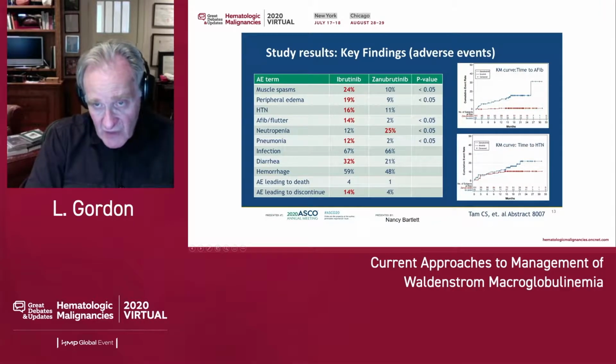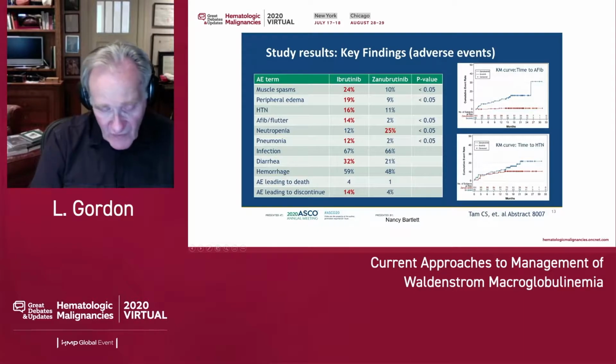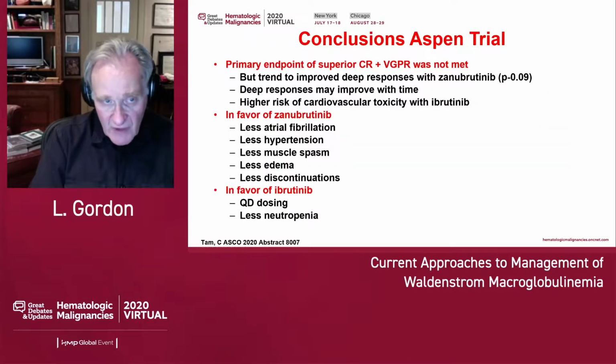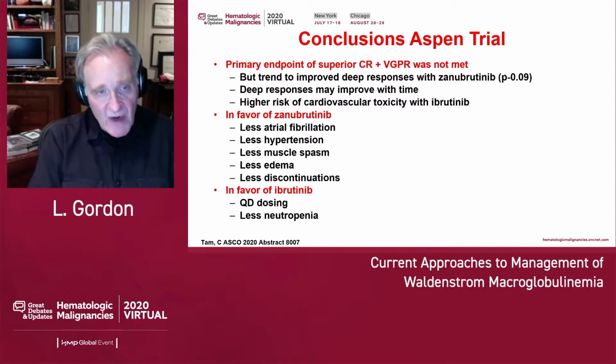So this is what we've come to expect with long-term treatment with ibrutinib, and it's something that we may see an advantage here for zanubrutinib. And so if you look at the conclusions of the Aspen trial, they're summarized here. If you look at the primary endpoint, superior complete response plus very good partial response was not met.